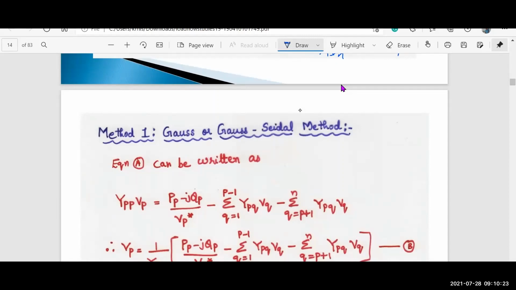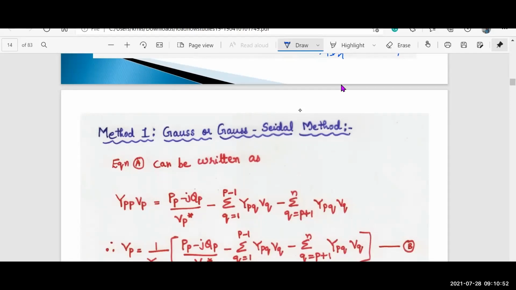What you have to keep in mind depends on the competition you are going for. In GATE you will not get many questions on load flow analysis, because the tricky numericals are very lengthy.